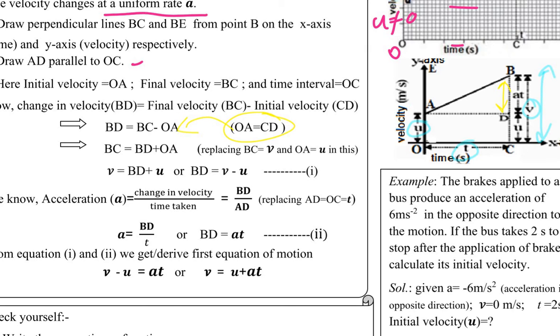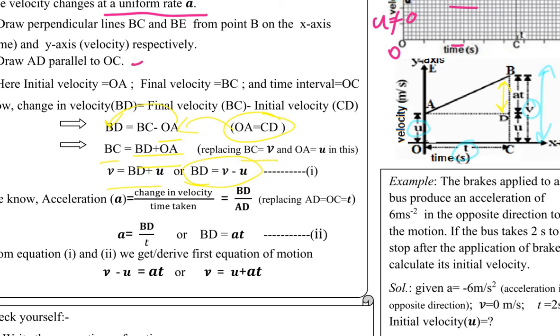From this equation we can get BC is equal to OA plus BD. Now replacing BC is equal to v and OA is equal to u, we have the equation BD is equal to v minus u by putting all these values.